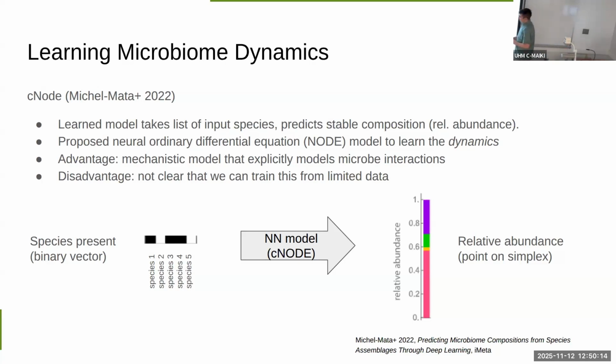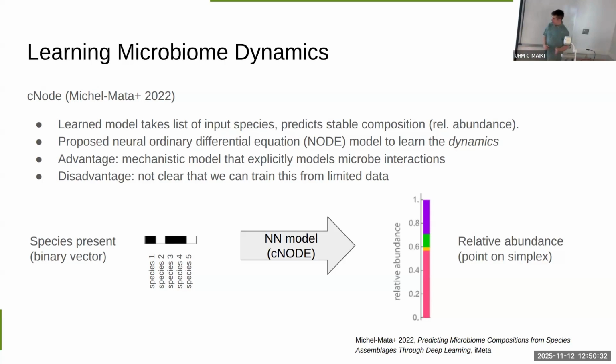It models the dynamics of the microbe ecology. So given any relative abundance of a set of microbes, this model defines how the abundances will change over time.